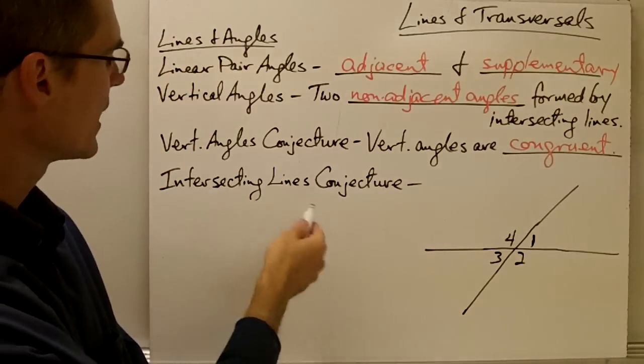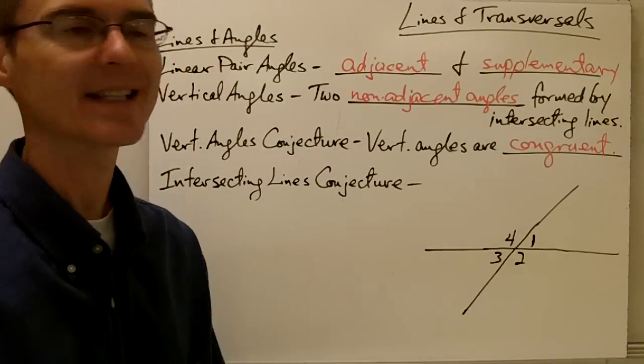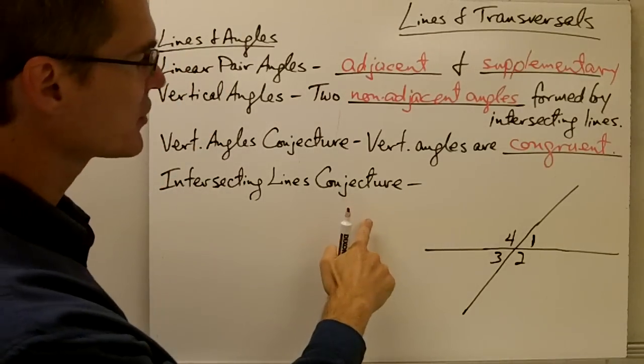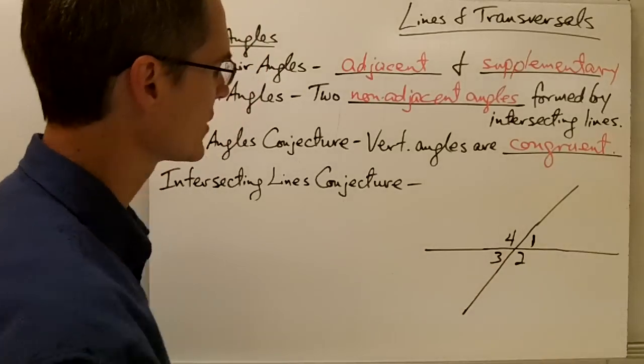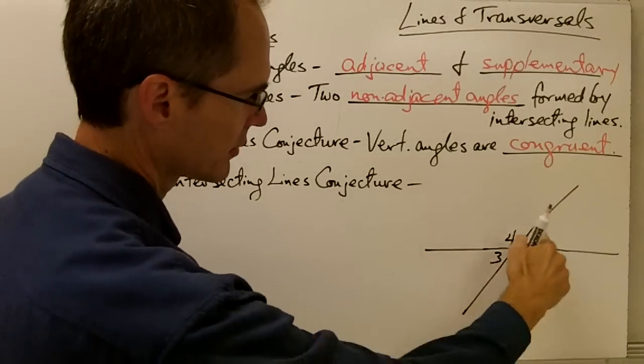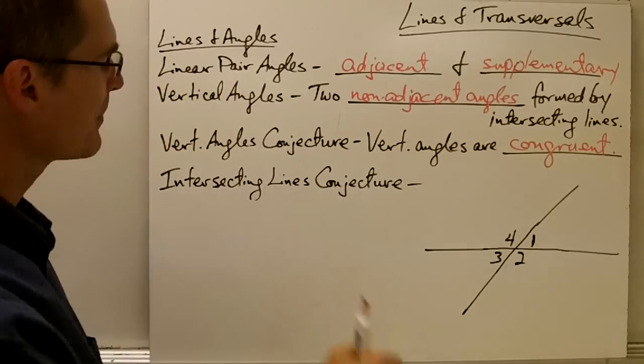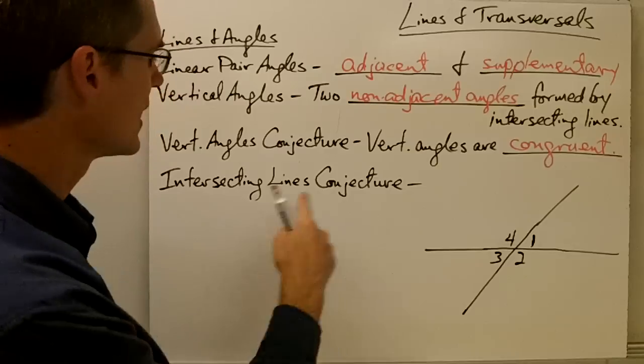Now, I want to make another conjecture that I'm going to call the intersecting lines conjecture. Here I've got a pair of intersecting lines, and I've labeled these four angles here. I'm going to make this conjecture about intersecting lines.